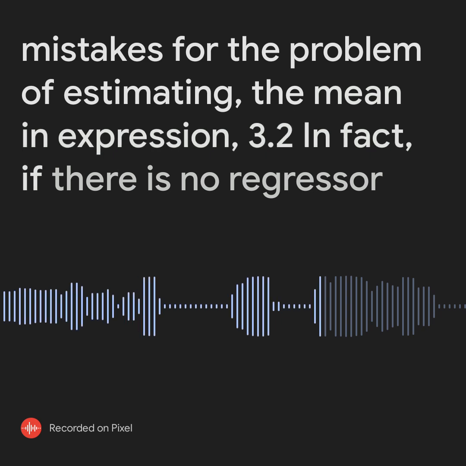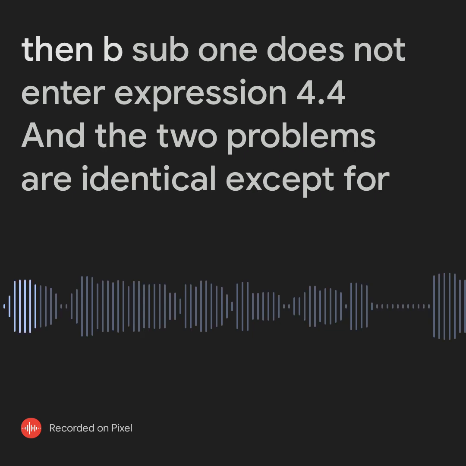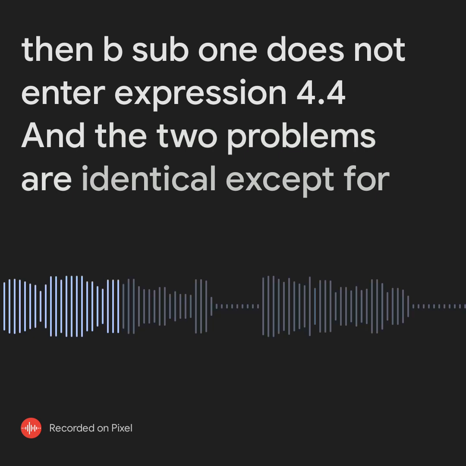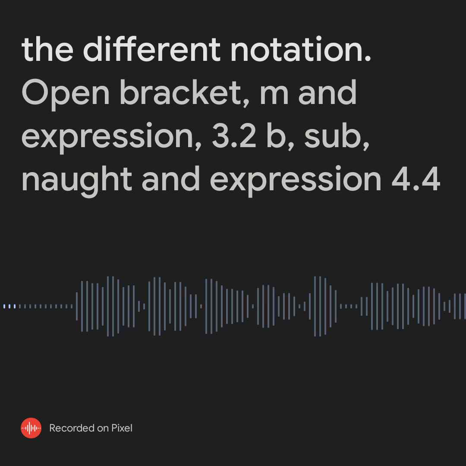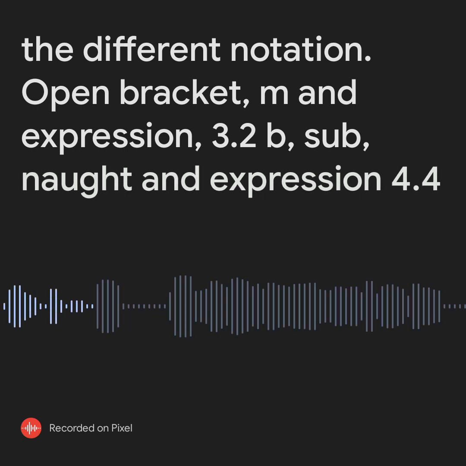In fact, if there is no regressor, then b_1 does not enter expression 4.4, and the two problems are identical except for the different notation, m in expression 3.2 and b_0 in expression 4.4.